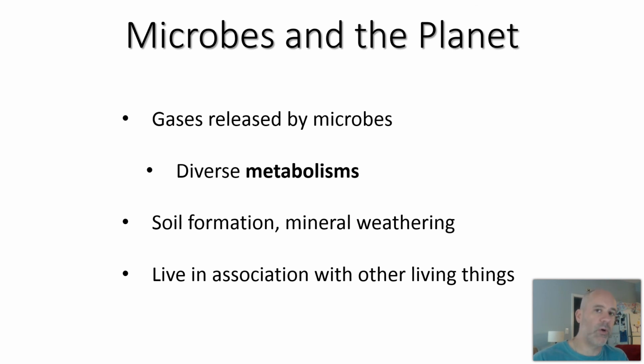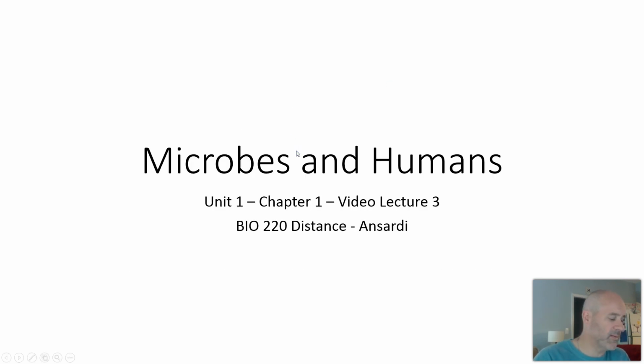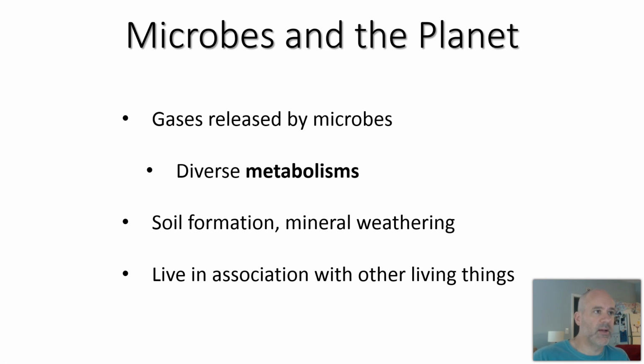As you go through this course, you're going to be learning about how microorganisms, different species, have very diverse metabolisms. So the microorganisms give off gases of different kinds as byproducts of all of their metabolic processes, and those gases have impacts on the Earth and its atmosphere.